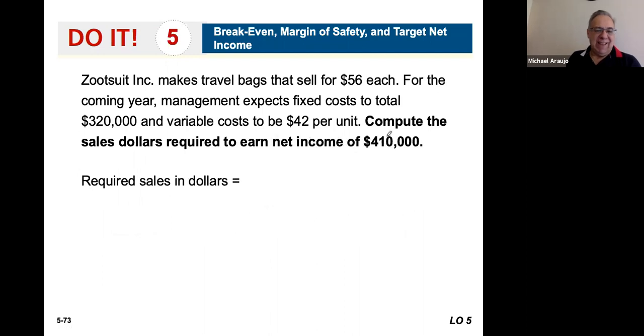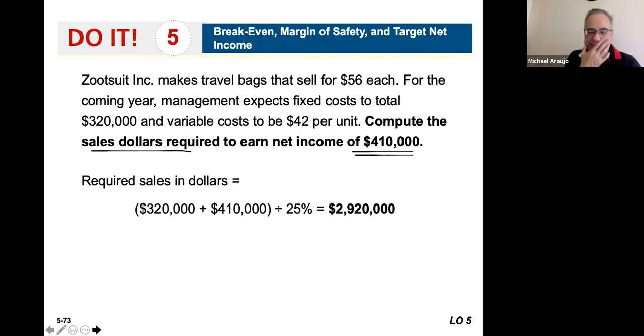And the last thing is compute the sales dollars required to earn a profit of $410,000. So here we're going to go back to our lovely mathematical formula that you saw, but there's a few ways in which you can do it.